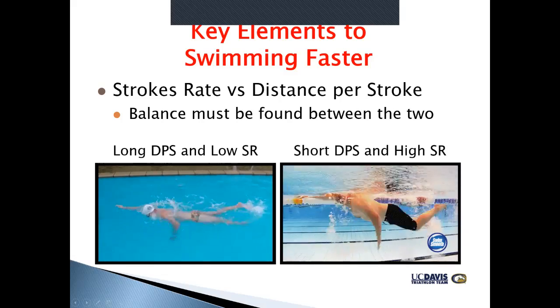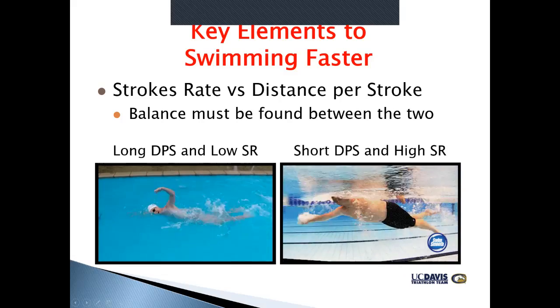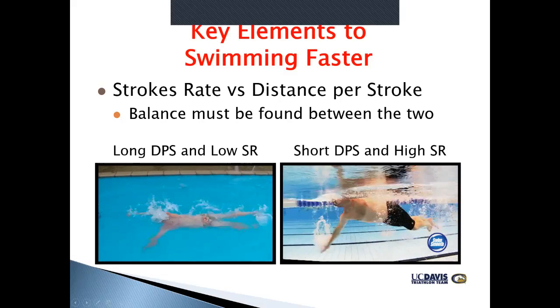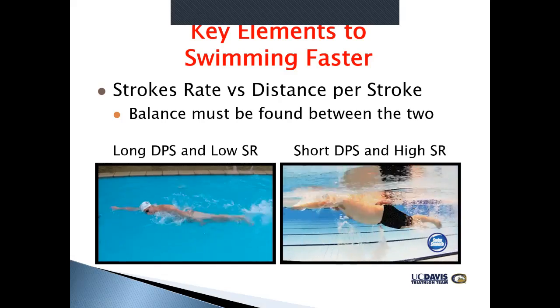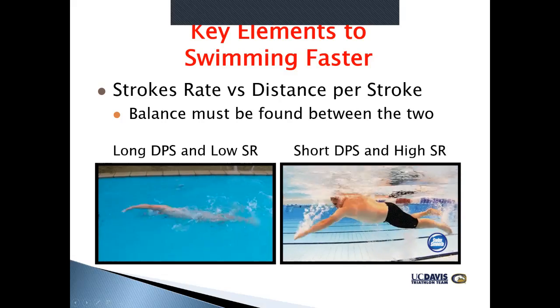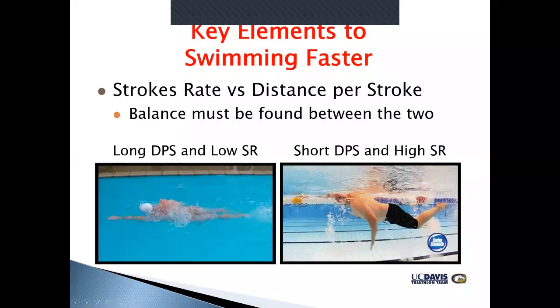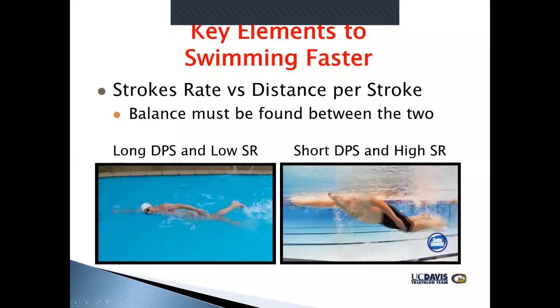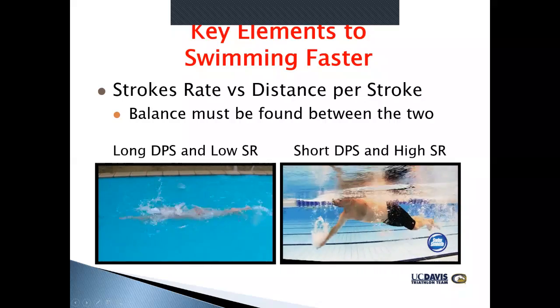That person on the right has a higher stroke rate, not necessarily excessively high, but they have a very short distance per stroke. Okay, it's just not effective and not efficient. Neither one of these types of stroke technique is effective. And of course, we're here to discuss how to improve upon those.